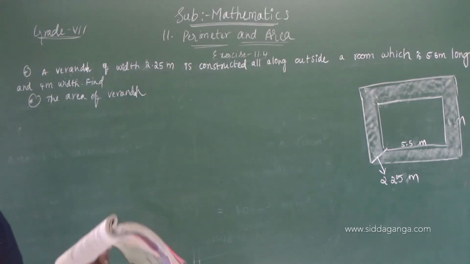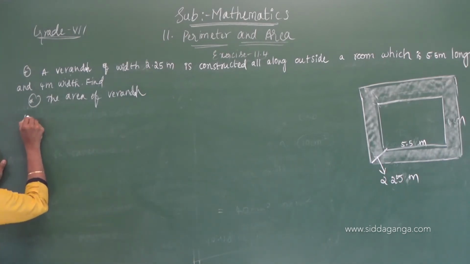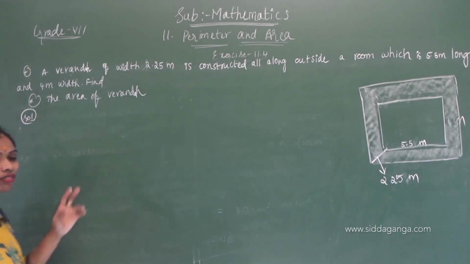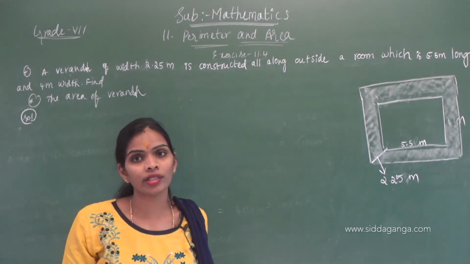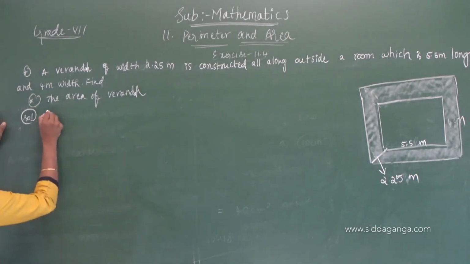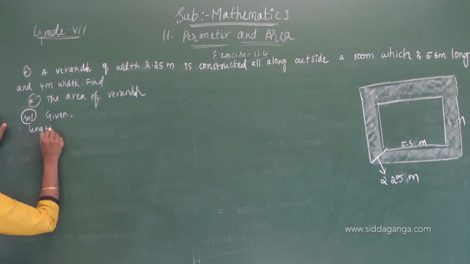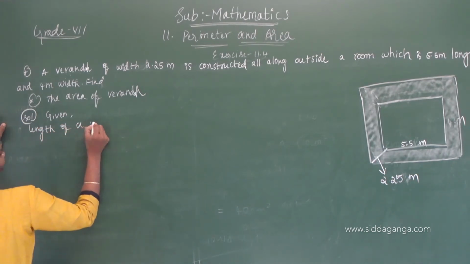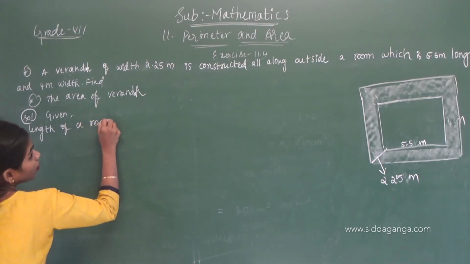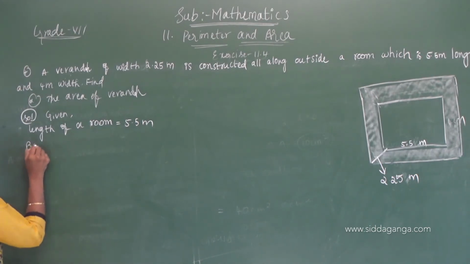Okay, write down children. First I am writing, as in the first and second questions, how we did it, to find the area of the veranda. Given: length of the rectangular room is 5.5 meters and breadth is 4 meters.